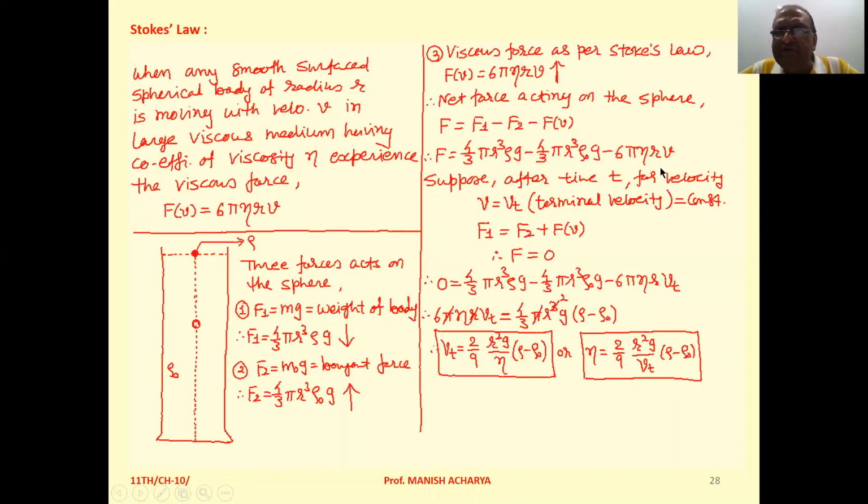Now see this equation of the net force. Weight of the body, 4 by 3 pi r cube rho g, is constant. Buoyant force, 4 by 3 pi r cube rho 0 g, is constant. In the viscous force, 6 pi eta r, all are constants, but velocity is not constant.